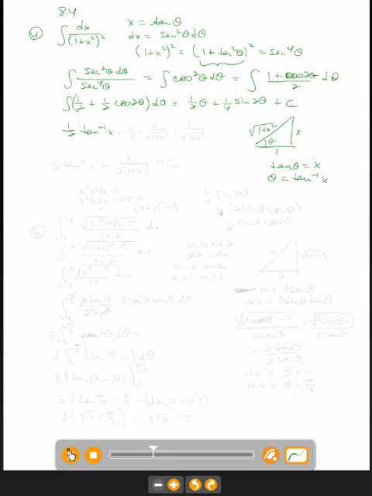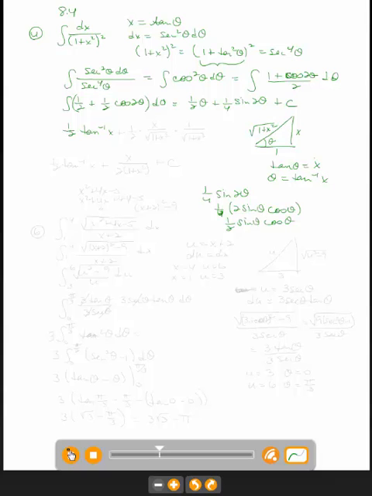I'm going to change this other piece. I'm going to work it down the page and then go back up there. That 1/4 sine of 2 theta, we're going to turn it into 1/4 and then 2 sine theta cosine theta, the double angle identity for sine of 2 theta, which then would become 1/2 sine theta cosine theta.